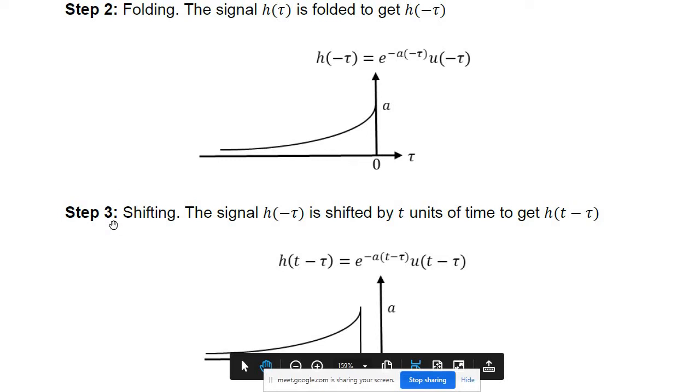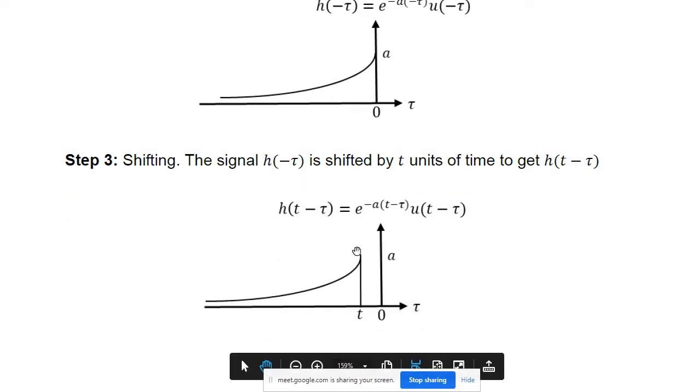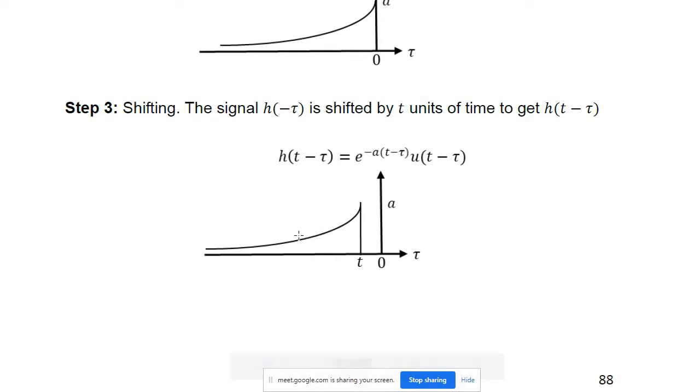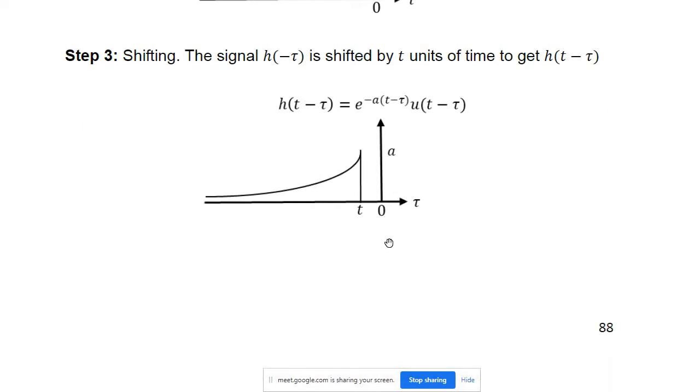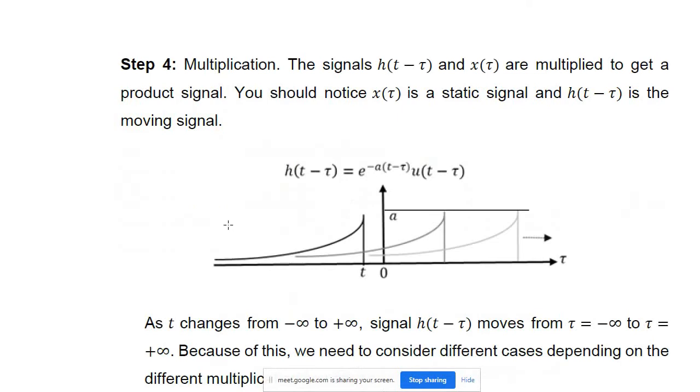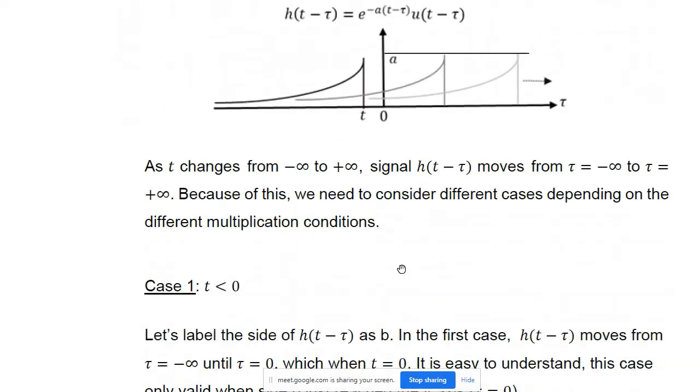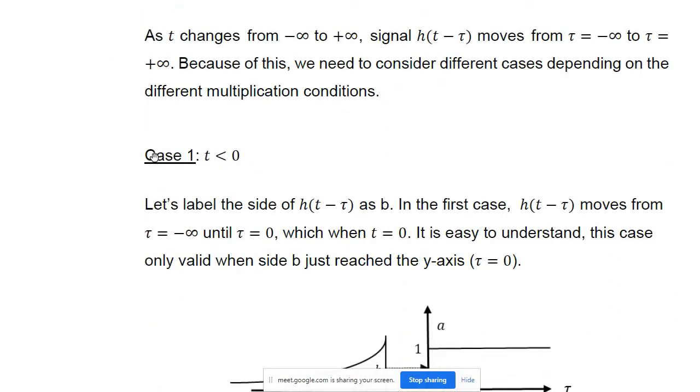After that is the shifting. You shift by t units, so that there's no interchange with the other signal. Then the multiplication: the signal h(t minus tau) will go through from negative infinity to positive infinity, and pass through the signal x(tau). Therefore there are two cases.